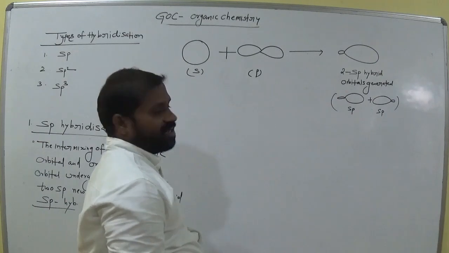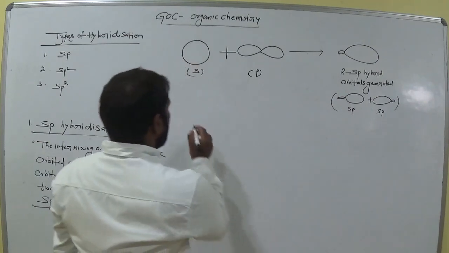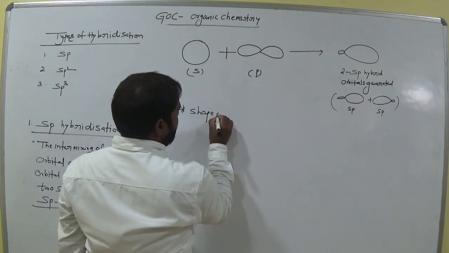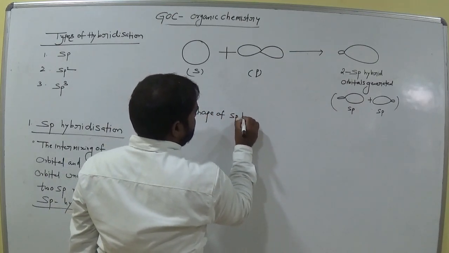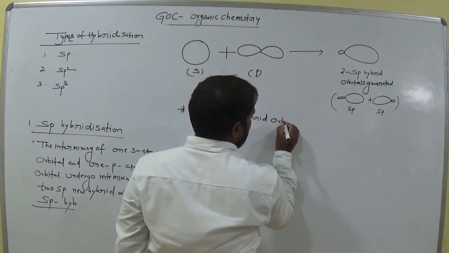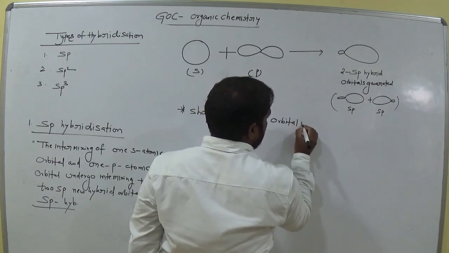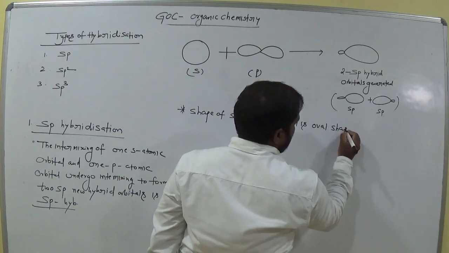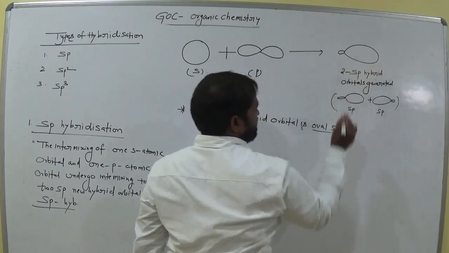Is it clear, ma? So the shape of the sp hybrid orbital is oval shape. Oval shape means like this.